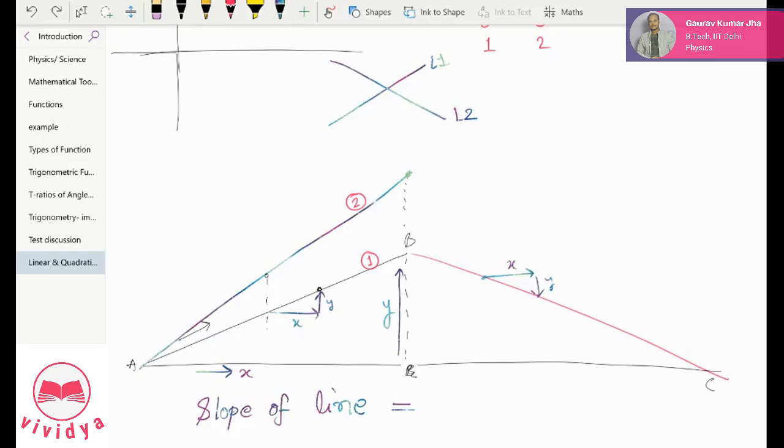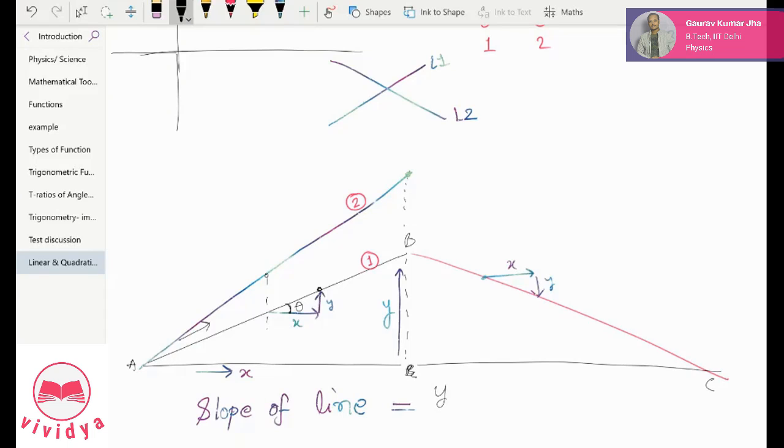Something like that. So how the slope is defined, very intelligently it is defined. The slope of a line is defined as, suppose, imagine this angle is theta. This is line number 1, and suppose this angle over here is theta. Take any point, no problem. The slope of a line is defined as y by x, meaning how much vertically you have gone up by how much displacement you have in the horizontal direction.